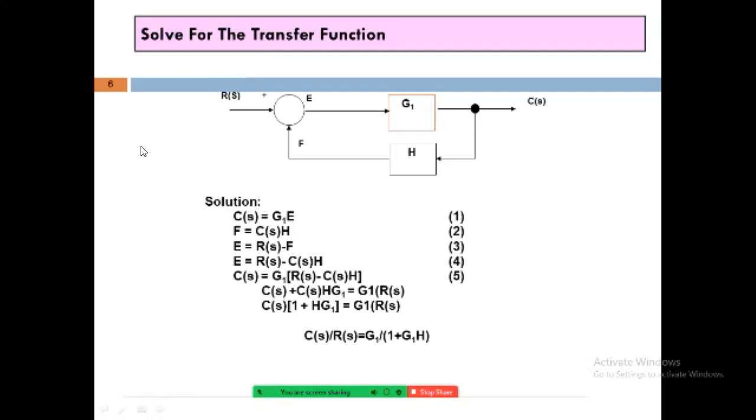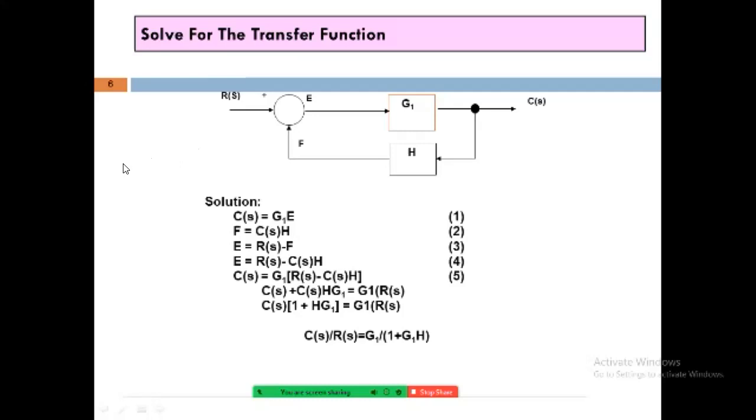Consider the terms of C(S) on one side, it may be LHS or RHS, and the remaining terms on the other side. Taking C(S) as a common term from the LHS, inside the bracket only 1 plus H into G1 remains, equals G1 into R(S).